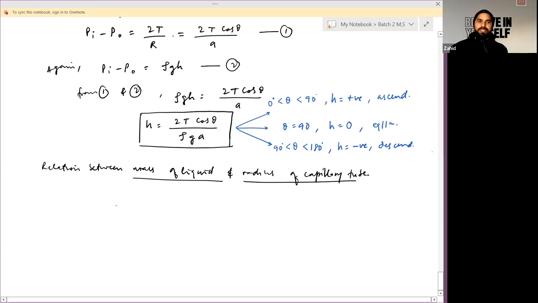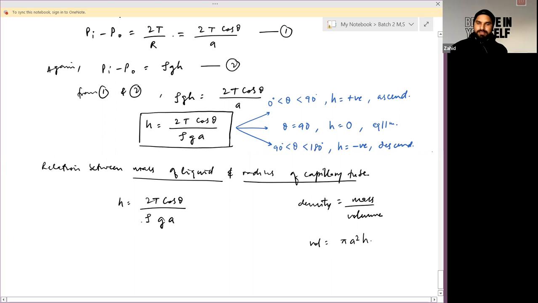According to the above formula, h equals 2T cos theta divided by rho g A. We can write density equals mass divided by volume. Since this tube is cylindrical in shape, volume will be equal to pi r squared times h.